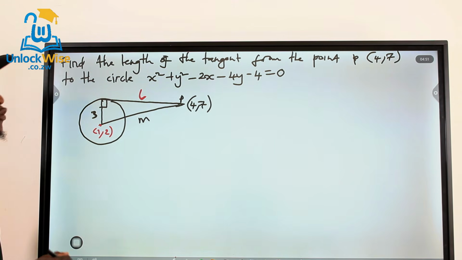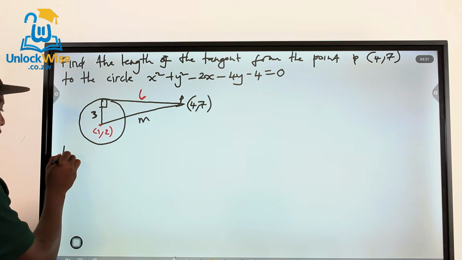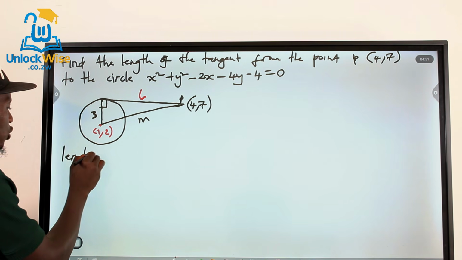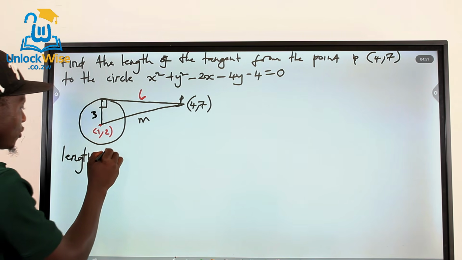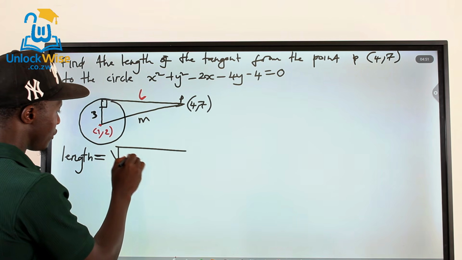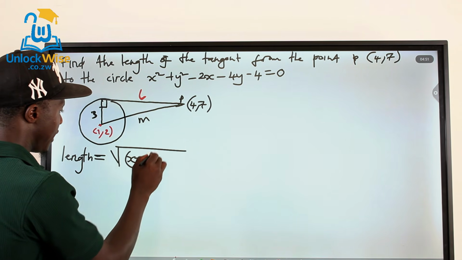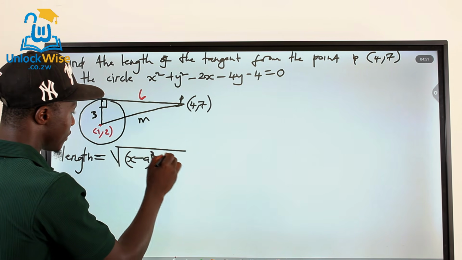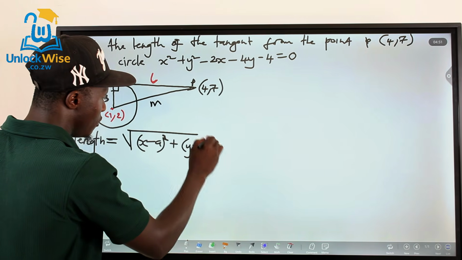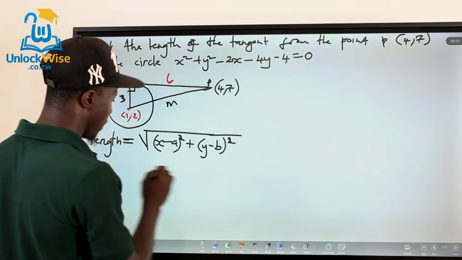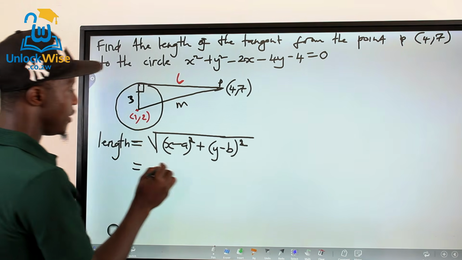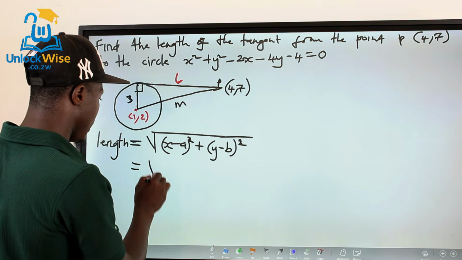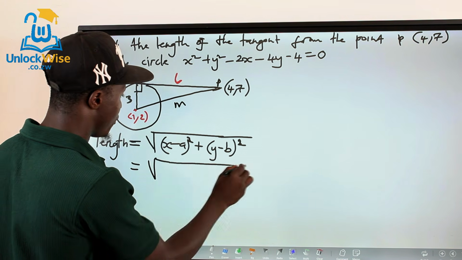First of all, I'm going to find the length of m. When you are doing coordinate geometry, the length of a line is equal to the square root of (x minus a) squared plus (y minus b) squared.